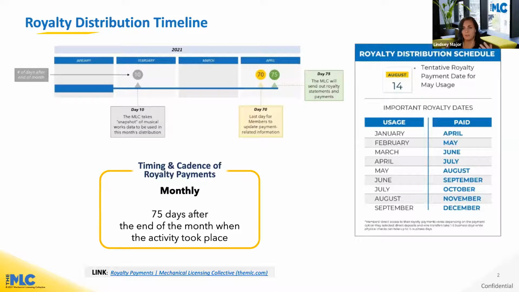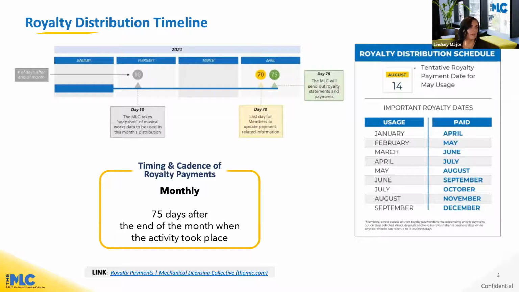That's important, because if your works data isn't in the database by the time that snapshot is taken, then you probably won't see royalties for that usage period until the next distribution. I know it's a little bit complicated to understand. So if you've got more questions about the snapshot, the support team can help you out and explain that a little bit more. But that is an important date to know.